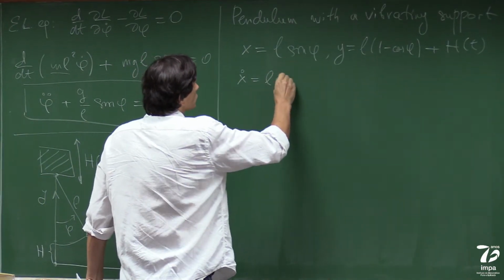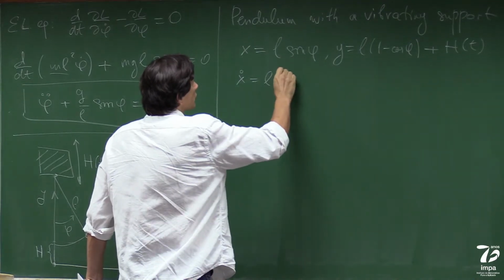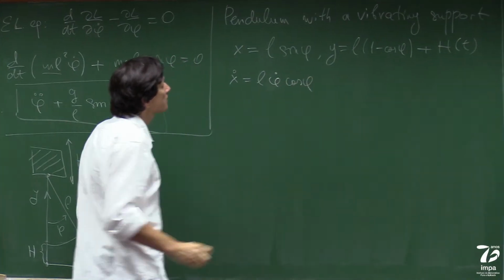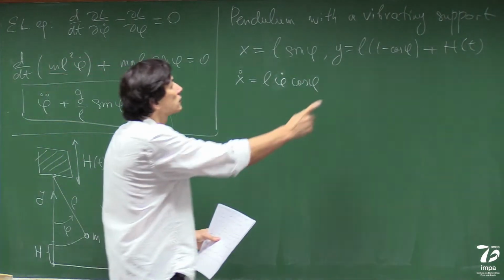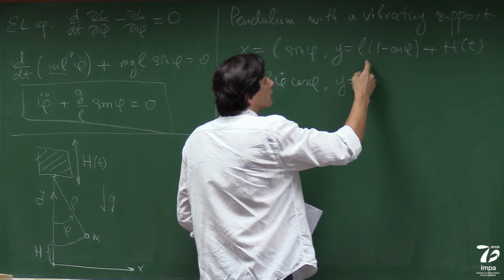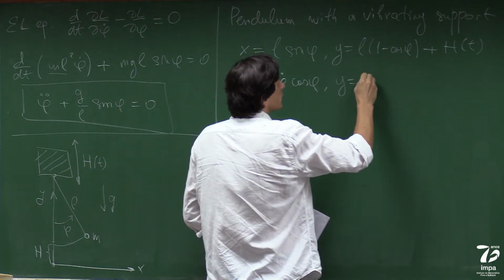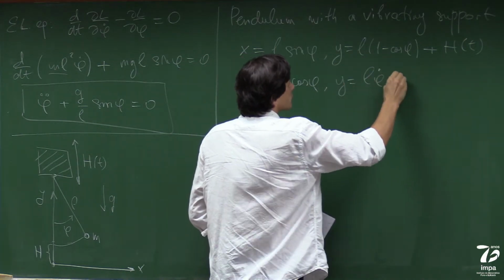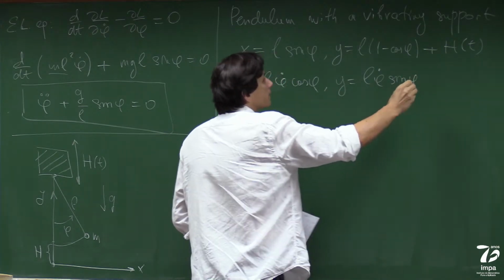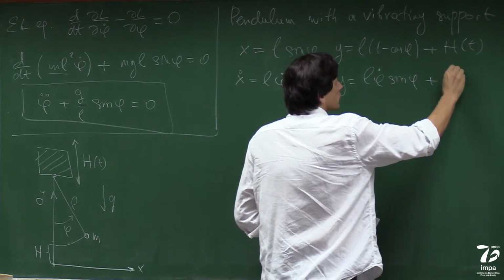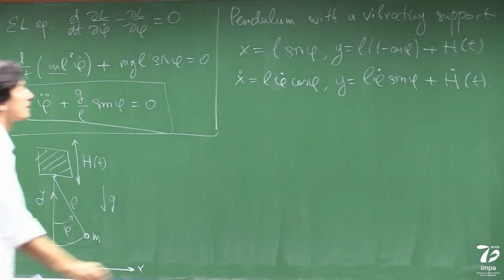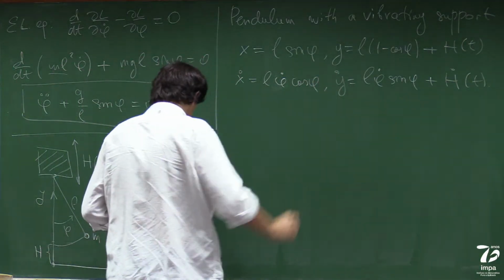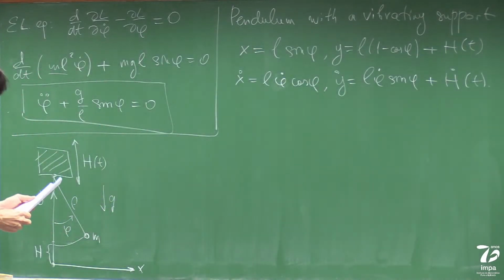Here x dot will be L psi dot cosine psi, and y dot will be minus minus, so plus, L psi dot sine psi plus H dot of t.